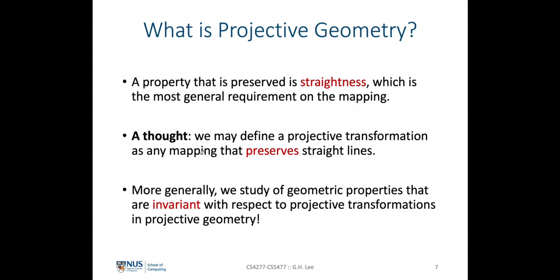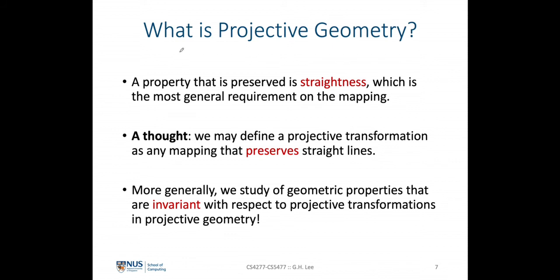Fortunately, a property that is preserved in projective transformation is what we call the straightness property. And this becomes the most general requirement on the projective transformation. In other words, we say that the straightness property stays invariant after the projective transformation.